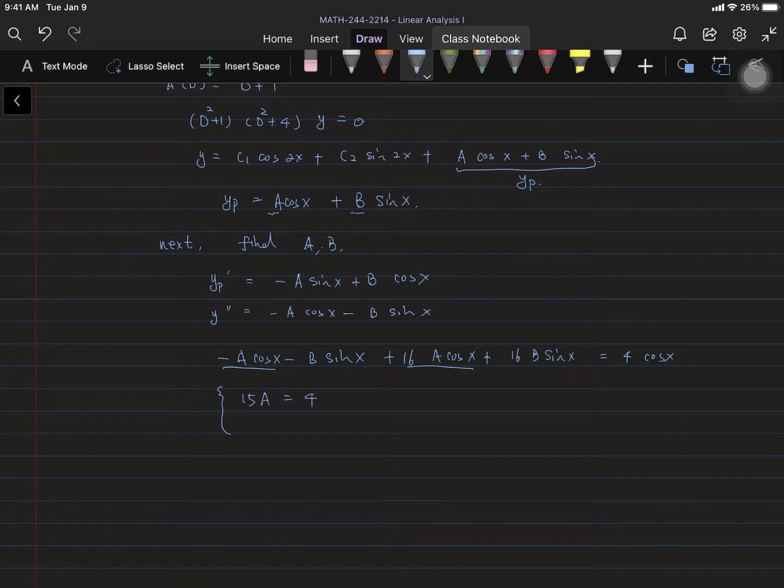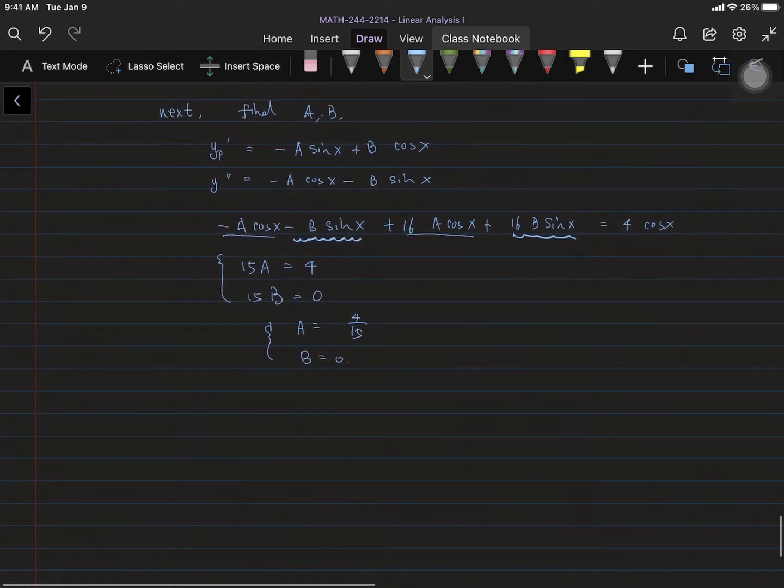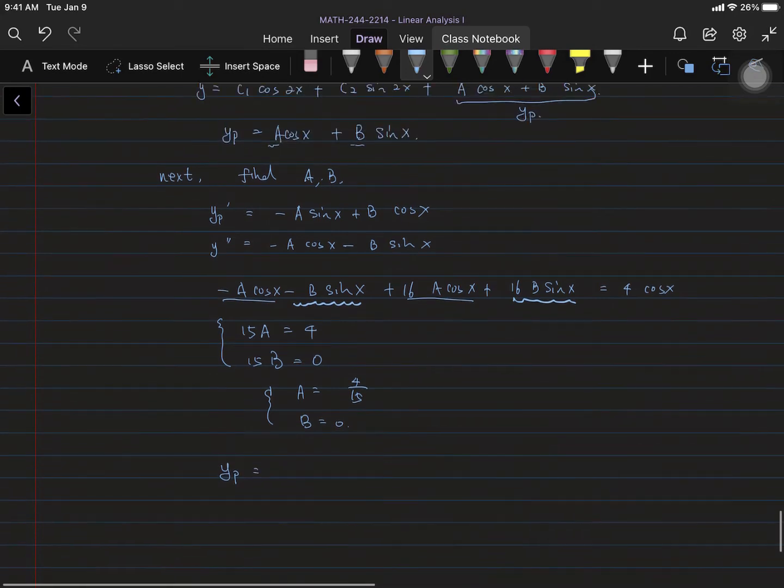And then for the B, for the sine, that means 15B equals 0. So that means A equals 4 over 15, B equals 0. So our particular solution should be what?